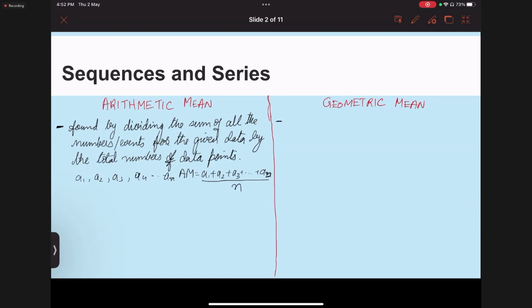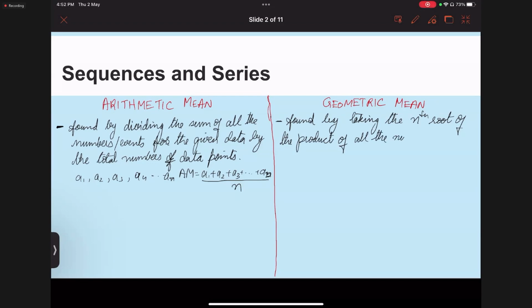Now we had seen yesterday what our geometric mean is. It is found by taking the nth root of the product of all the numbers given in the given data.